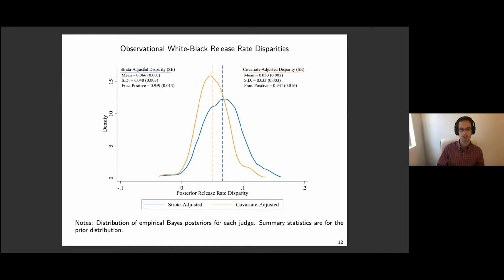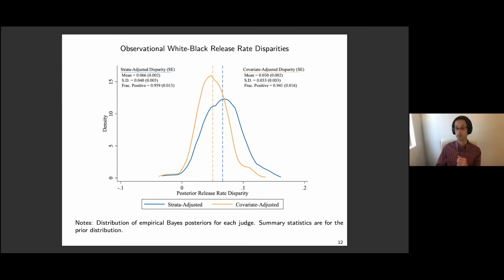You can see the mean across all judges is around 6.6 percentage points, but there is significant variation across judges. Somewhat importantly, almost no judge has a negative posterior release rate disparity, meaning almost all judges are more likely to release white defendants than black defendants. If you adjust for covariates, the distribution moves to the left, so there's a lower disparity between white and black defendants.